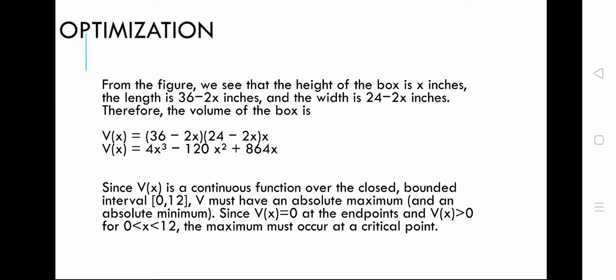However, since V of x is equal to 0 at the endpoints and V of x is greater than 0 for x between 0 and 12, the maximum must occur at a critical point. So parang ano lang siya, dimensional analysis, so by inspection. So ito yung ating na-formulate na idea sa ating mga ulo.